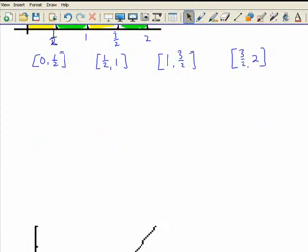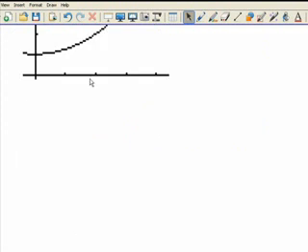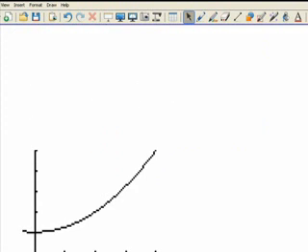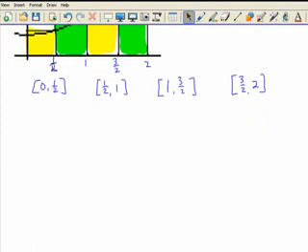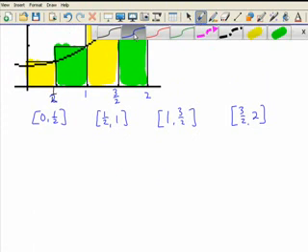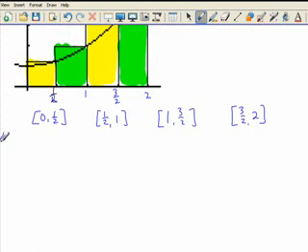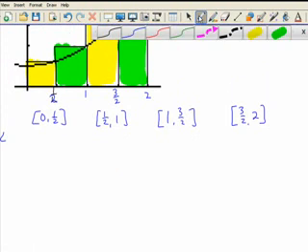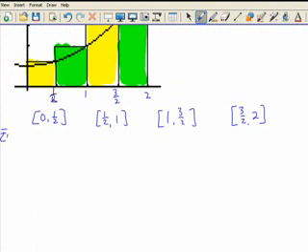Okay, let me move this graph down out of the way a little bit. Okay. Using the right endpoint, the right endpoints would be 1/2, 1, 3/2, and 2.